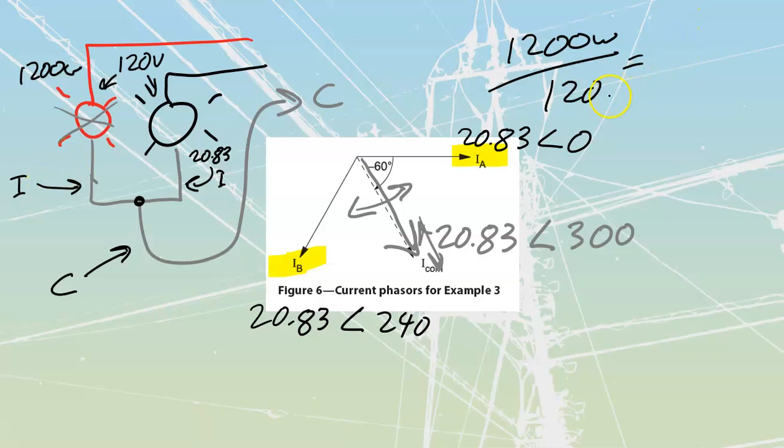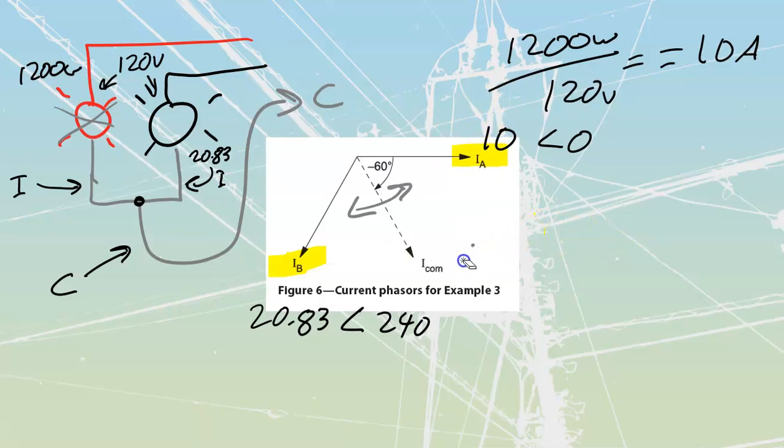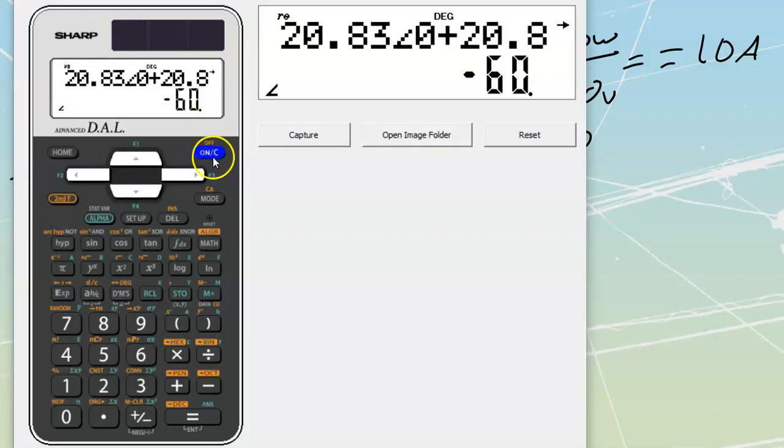Well, 1,200 watts divided by 120 volts is going to give me a value of 10 amps. So this value over here, my IA, is going to now become 10 amps at angle 0. We'll just erase this whole thing because that's all going to change. 10 at angle 0, we still have got the exact same setup on the B phase, 2,500 watts, so we're going to keep that value the same, and we'll just add these two together.